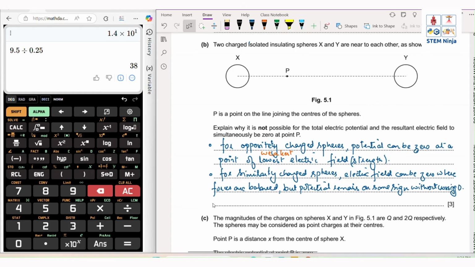Okay, now the third nail in the coffin. Logically it is impossible to have opposite and same sign of charges.